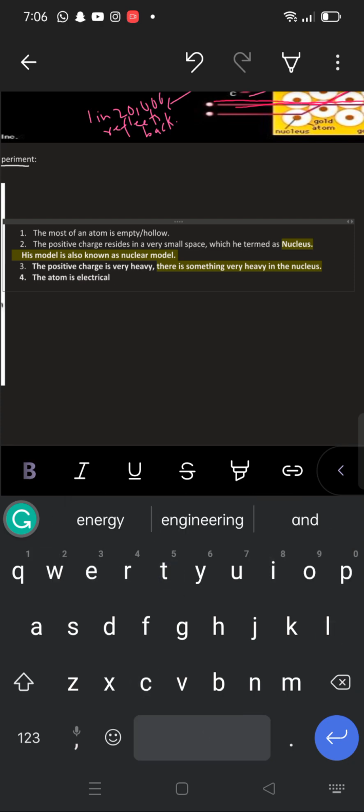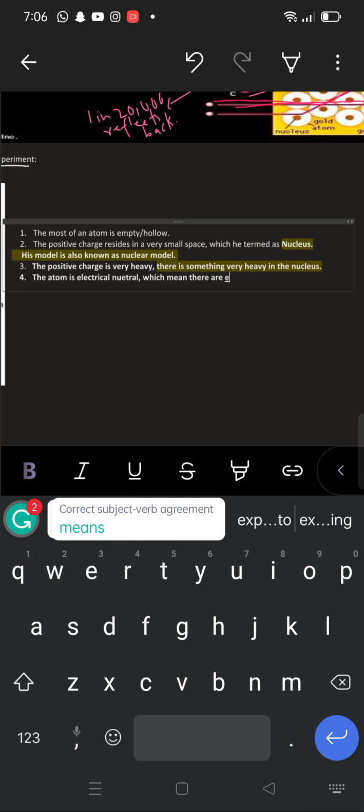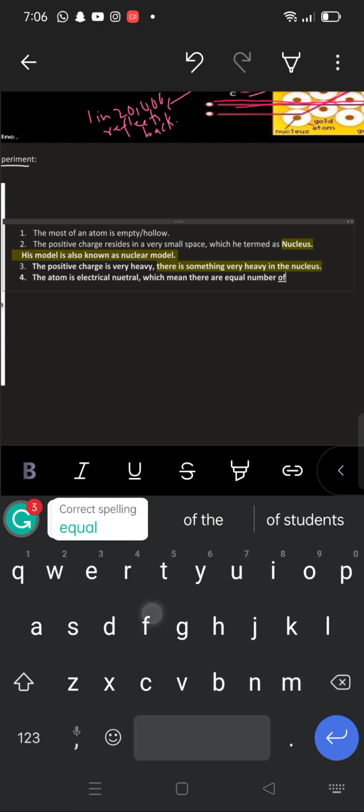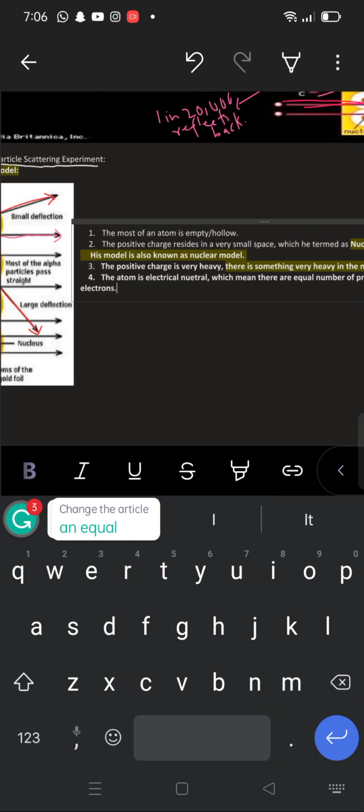This is the same point as J.J. Thomson said, electrically neutral, which means there are an equal number of protons as well as electrons, right? So the protons and electron numbers were equal.